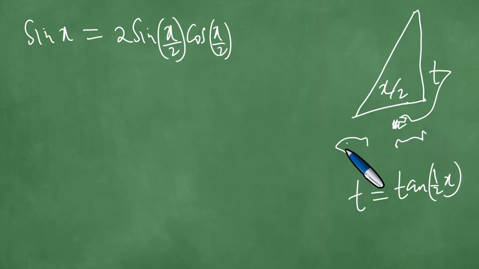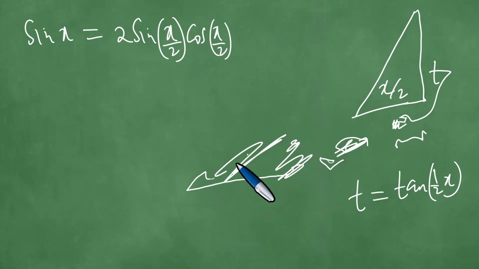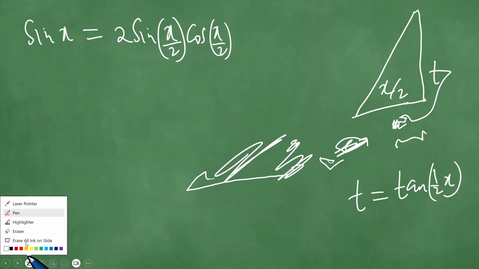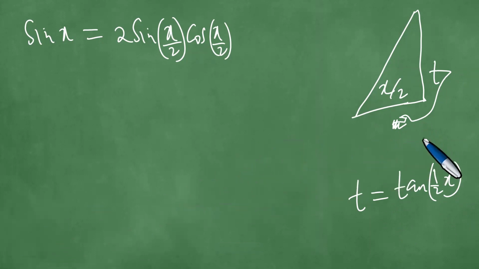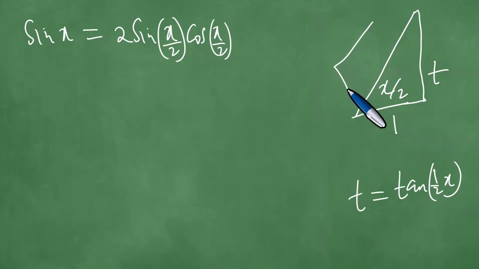Let us just clean this up. So at this point, we have that this is the opposite over the adjacent, so that we have that this is 1 plus t squared. So this triangle is right angled here, and this is the angle x over 2 here.